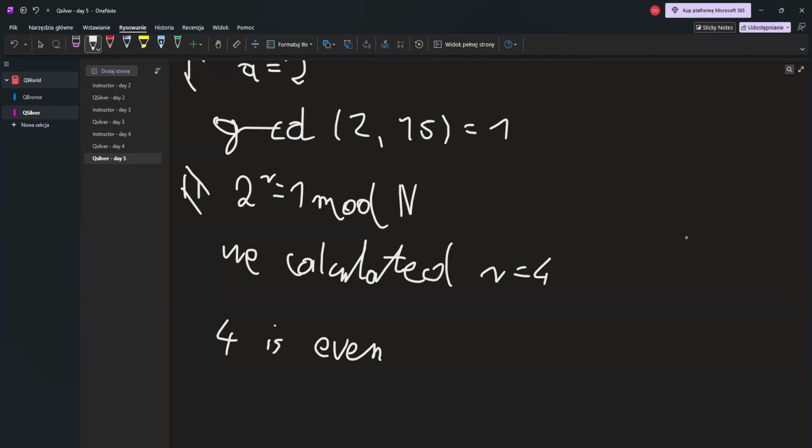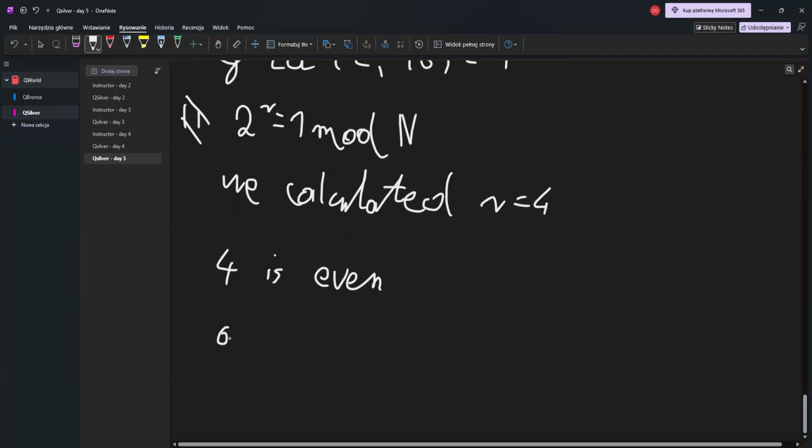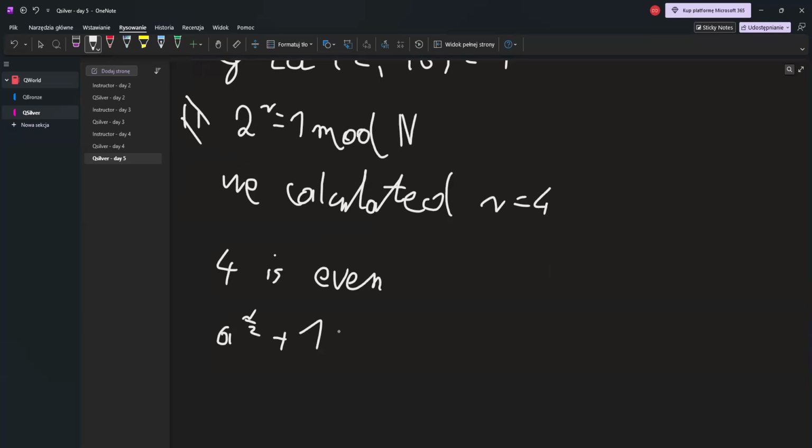And also, we should confirm that a to the power of r divided by 2 plus 1 is not equal to n minus 1 mod n.